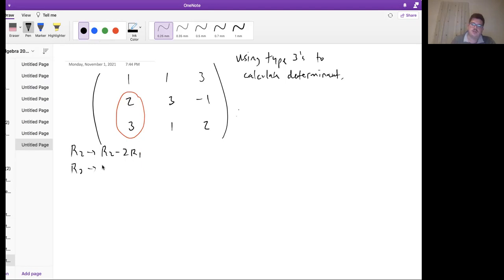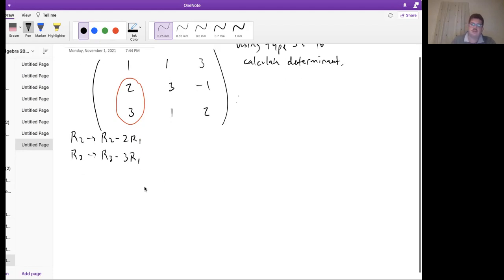Row 3 minus 3 row 1. So it all comes down to row reduction in the end. So 0, 1. So -6 makes this -7. 0. -3 makes this -2. So -9 makes this -7.